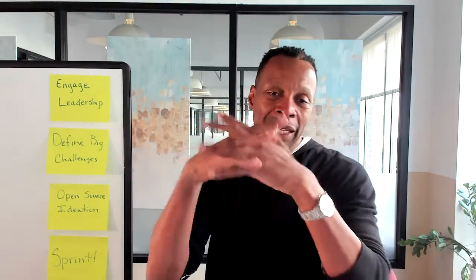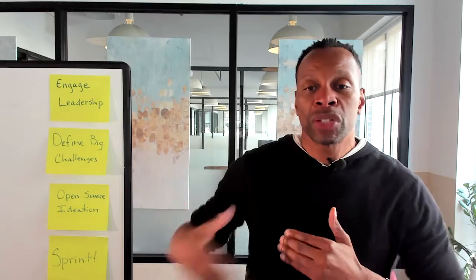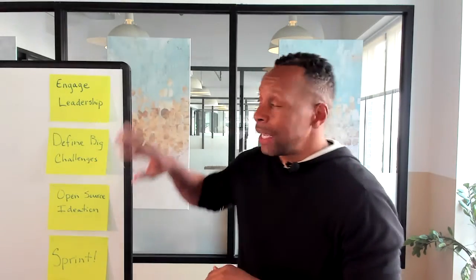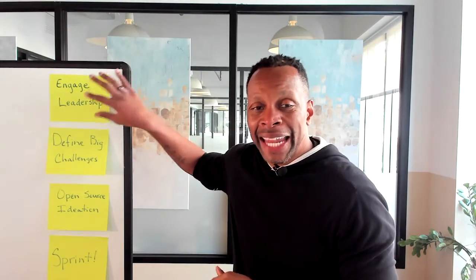That's really the 2 things you need to be consistent when it comes to driving innovation and getting to the outcomes in your organization. And so the 4 steps I'm going to walk you through are: first, engaging your leadership at the beginning of your innovation cycles. Okay, this is critical, and I'll walk through this. Then defining the big challenges that are most important that need to be addressed from the leadership's perspective.